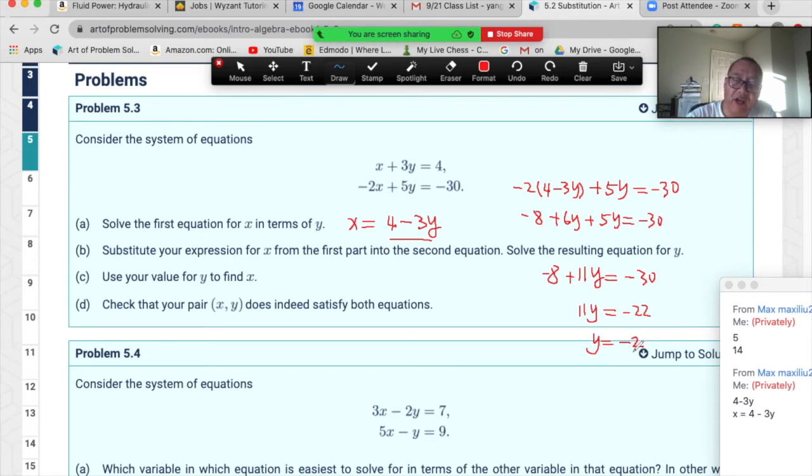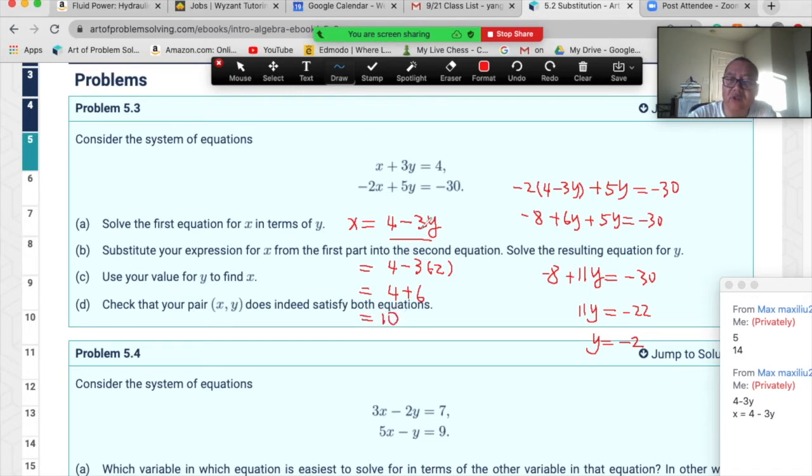After you find that y equals negative 2, you just plug it back here. You get x equals 4 minus 3 times negative 2. So this gives you 4 plus 6. So you get x equals 10.